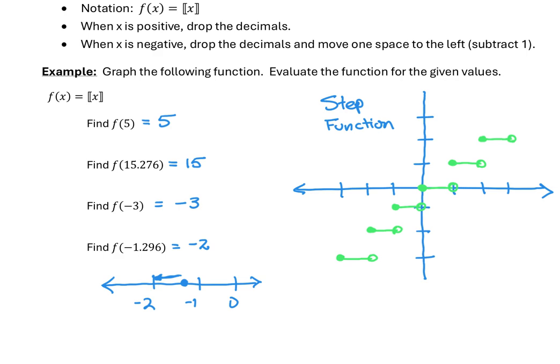This is not going to be a high priority topic, but just to show you another example of a graph of a function that doesn't necessarily look like piecewise, but it is. Notice that we do have a lot of closed circles and open circles. Every single one of these steps has a closed circle and an open circle.